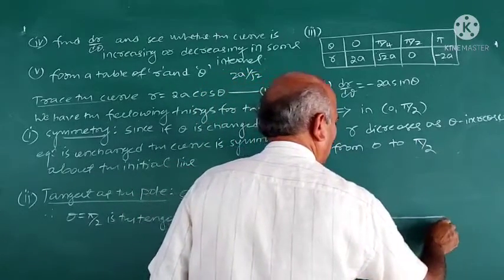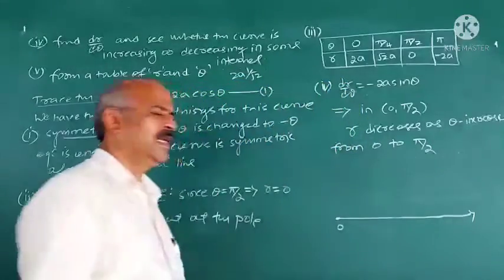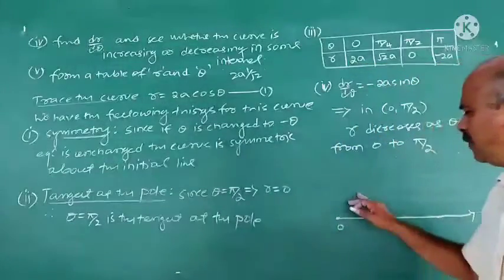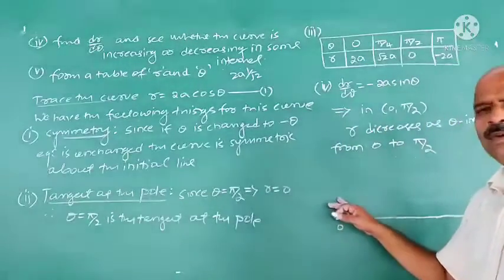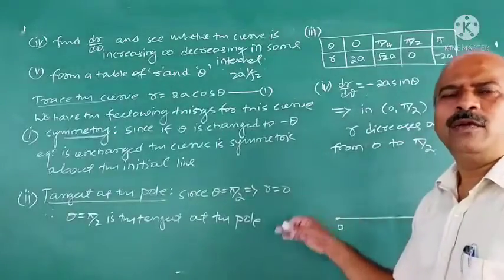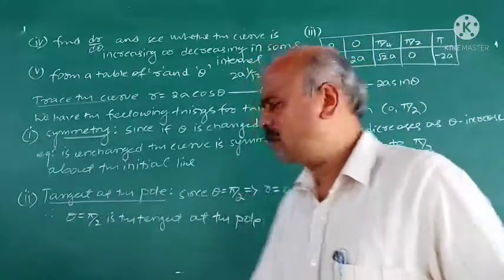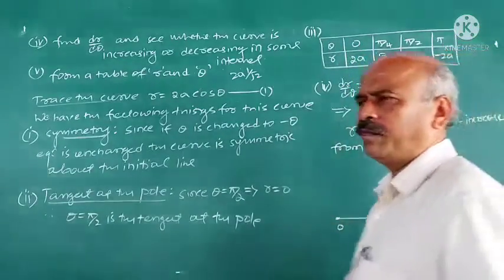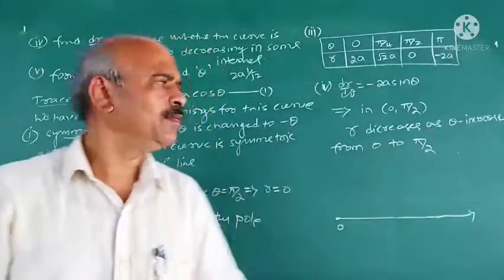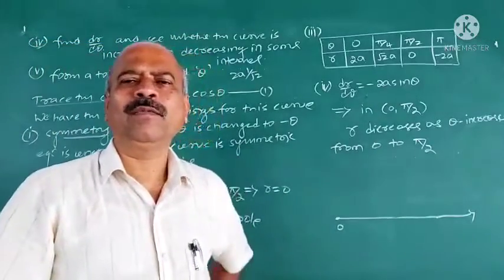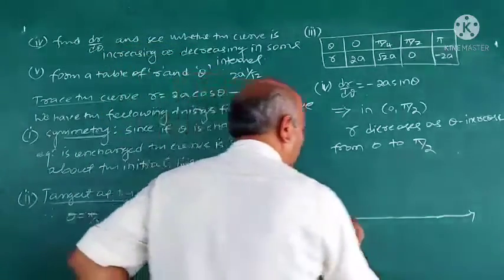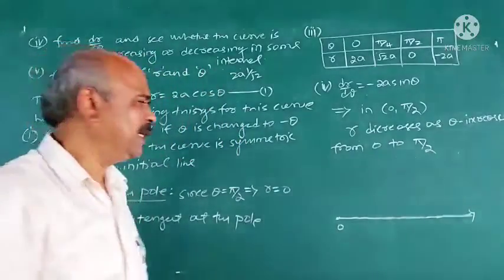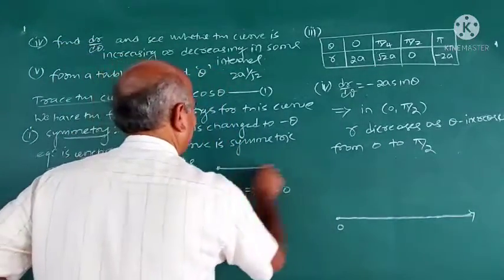Suppose this is O and this is the initial line. Now see here, the curve is symmetric about the initial line. If you know the shape of the curve above the initial line, then we can easily draw the curve below the initial line also. Now I take this point. When theta is 0, r is 2a. The line theta is 0 is the initial line.